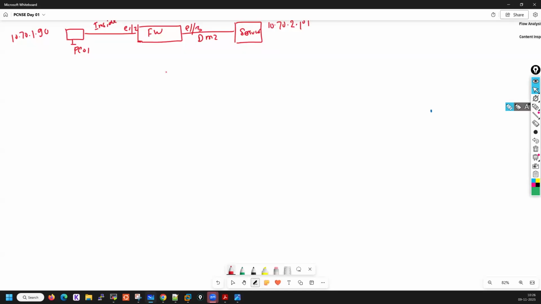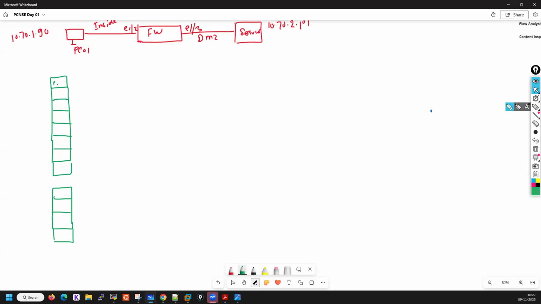Now, what generally happens in your Palo Alto Firewall? Here we have an interface stack. Let's take an example.